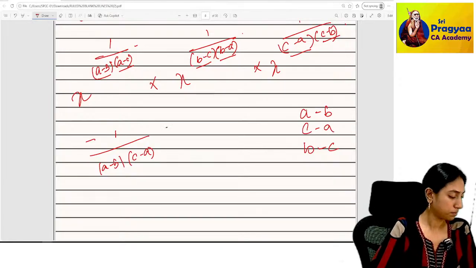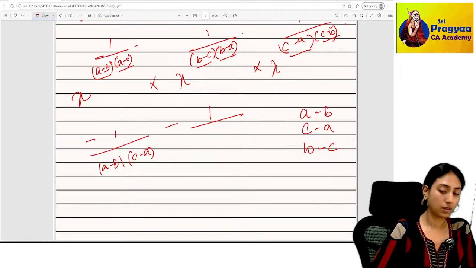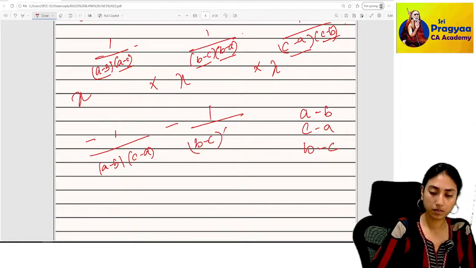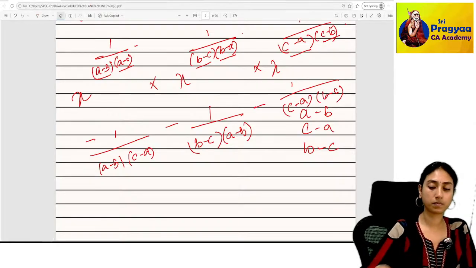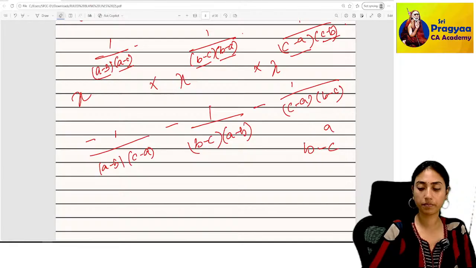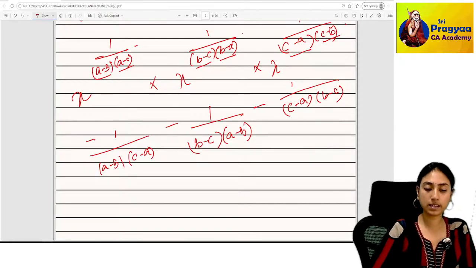minus. How can I rewrite this? A minus b minus b minus c. I'm just taking one minus sign out.